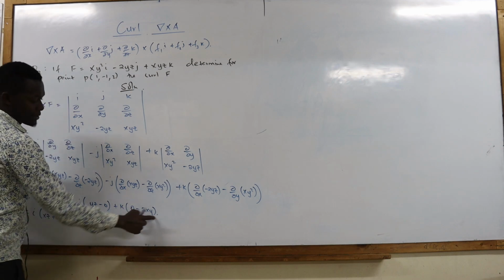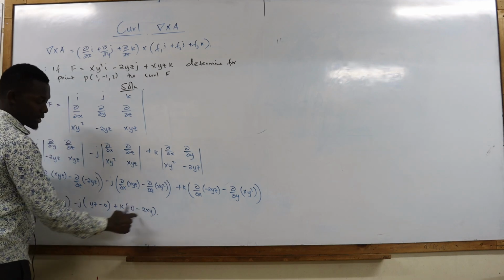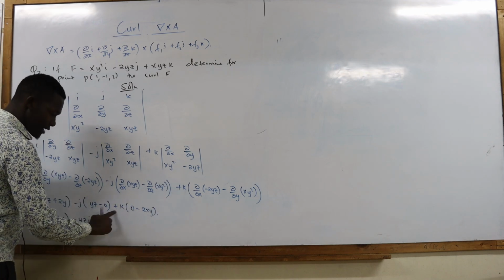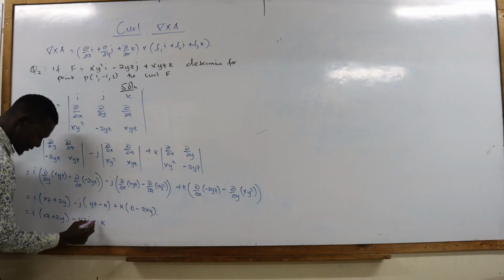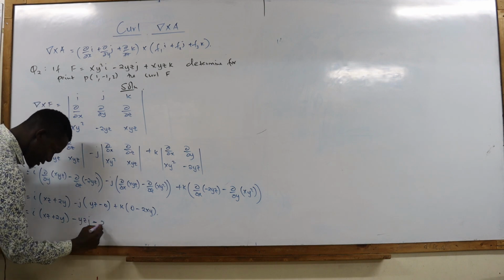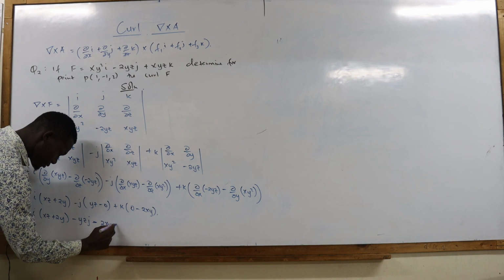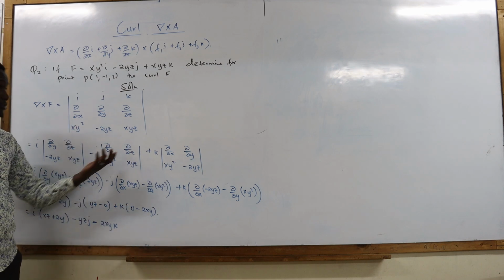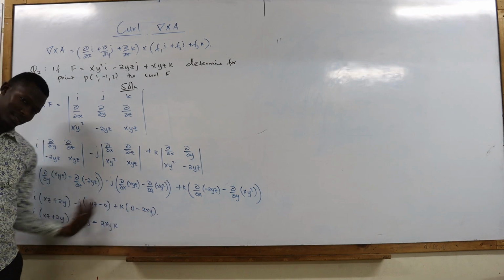This minus this will be negative: 0 minus 2xy will be negative 2xy. So I have a negative, I have a positive. So this one becomes negative by the end of the day. I'll put negative 2xy, then k. But if you feel that opening the bracket may confuse you, you can just leave it like that.